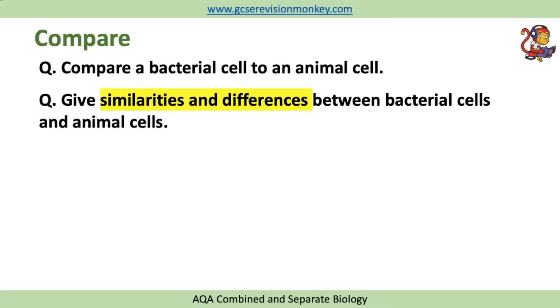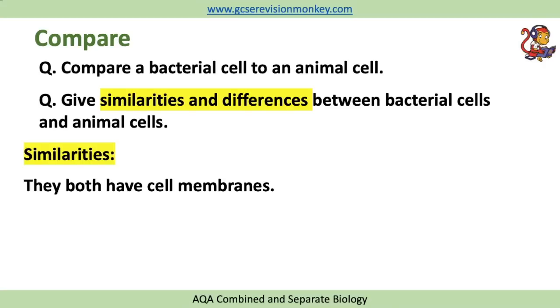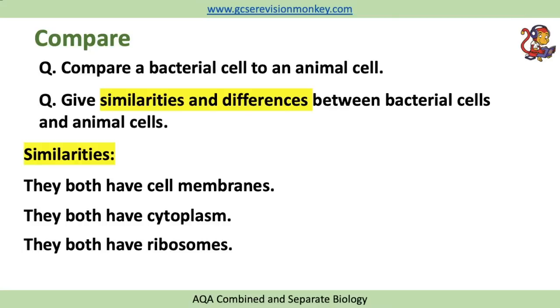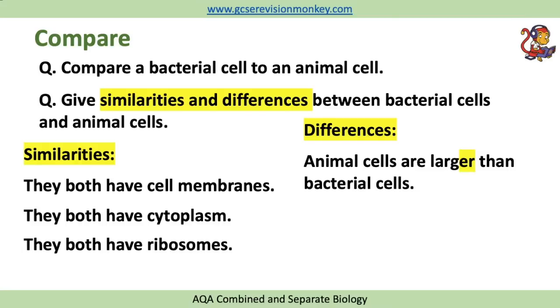It won't tell you that, but you need to remember to say things that are similar and also the differences. But they just give you that one word, compare. So just bear that in mind. For example, you could structure it like this, where you would say similarities, and you would list your similarities, and then you state your differences as well. And you need to get both of these things in the question.